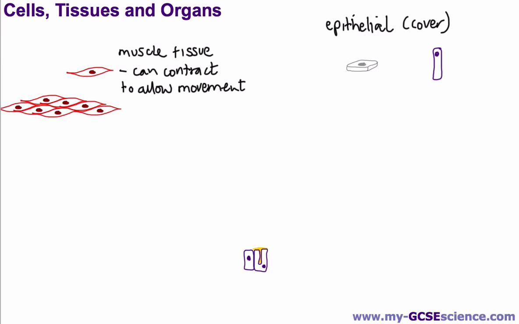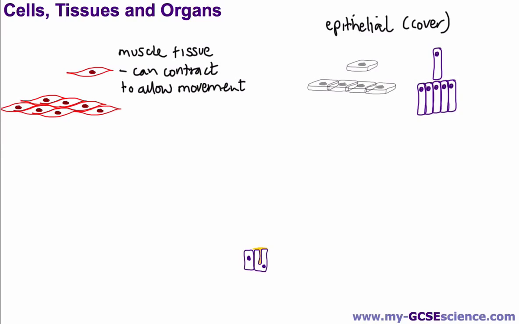This one looks a bit like a paving slab kind of shape, but you can see that lots of these joined together can make a nice surface for something. Another type of epithelial cell is this one here. It's more like a column, and it's called columnar epithelium, and it's arranged more like this. So I guess that would give a slightly thicker layer than this kind of epithelium.